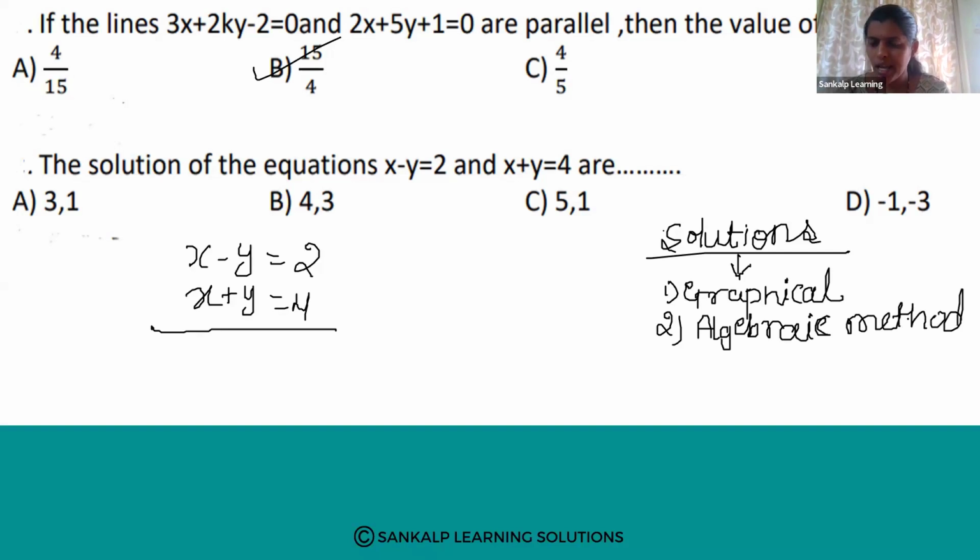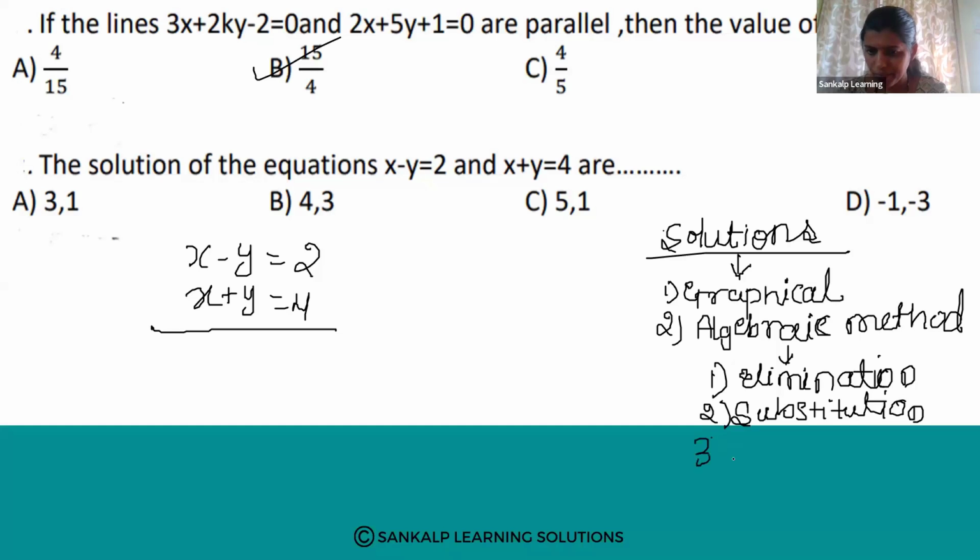In algebraic method, again we are going to find out 3 methods. One is elimination method, next one is substitution method, and third one is cross multiplication method.